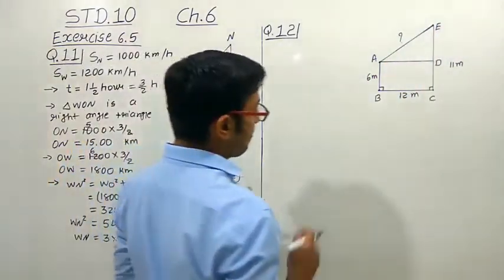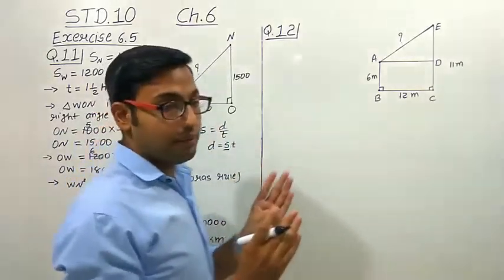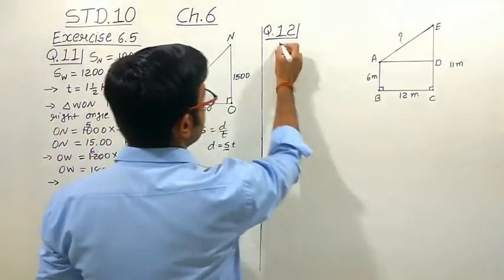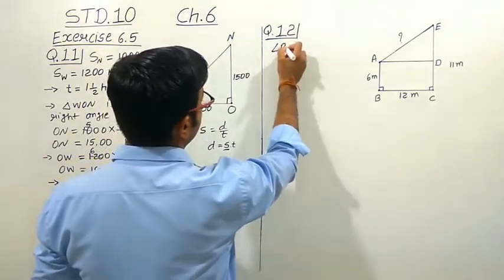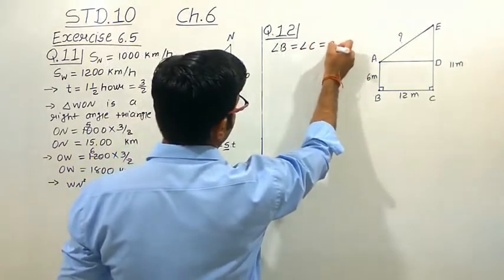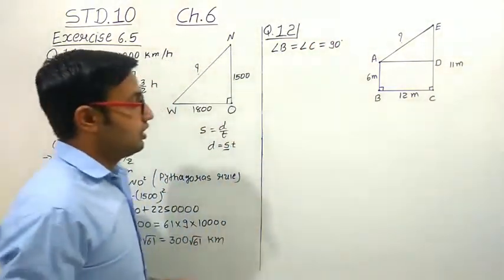Here we have to suppose that both the poles are perpendicular to the ground. So we can write that angle ABC, or simply angle B, is equal to angle C. Both the angles we are taking as 90 degrees.